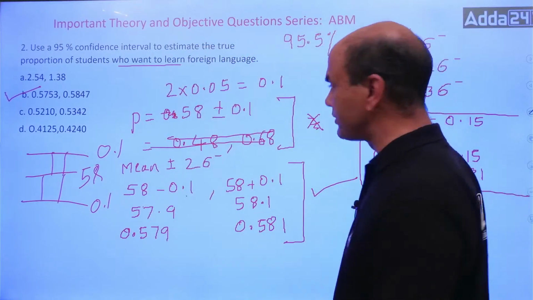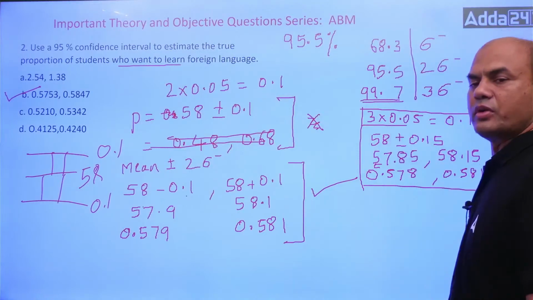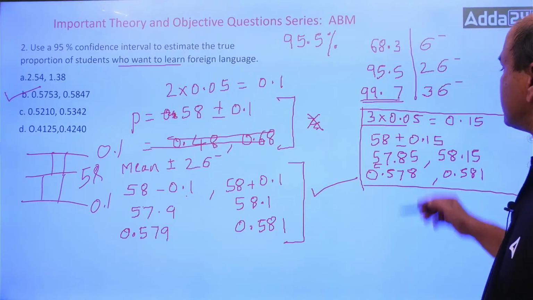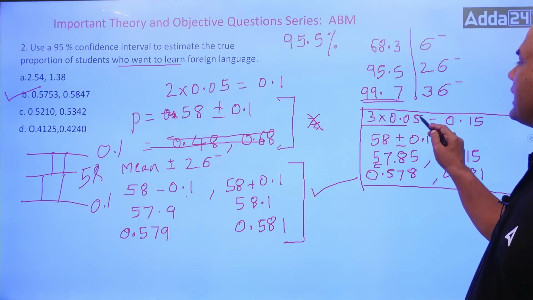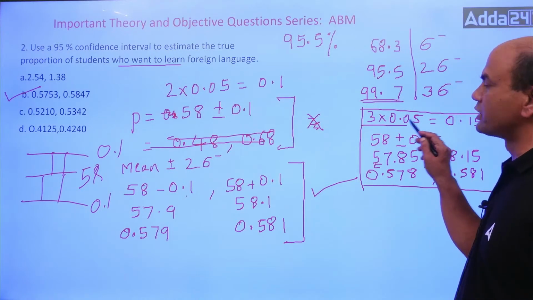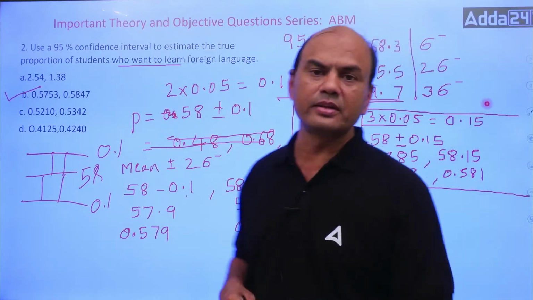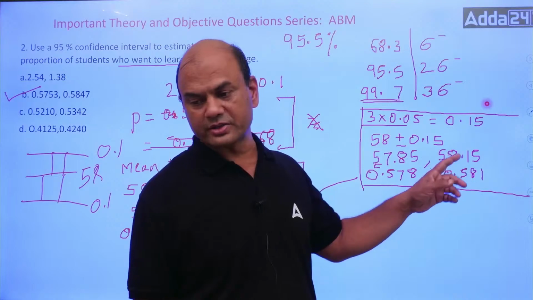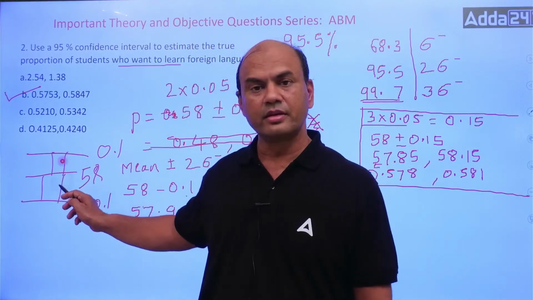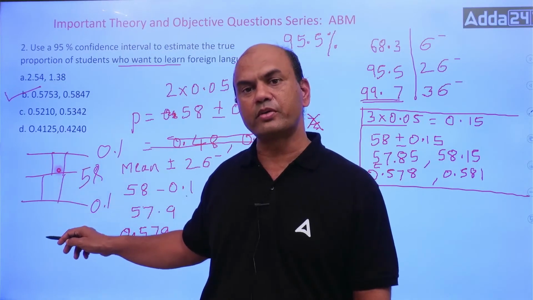Now in the exam, if they ask you not for 2 standard error but for 3 standard error, what will you do? See this: 3 into psi dash. Psi dash means standard error. So 3 into 0.05 is 0.15. The mean is 58. You will add 0.15 over here and subtract 0.15 over here.